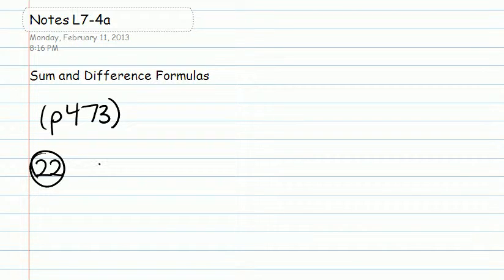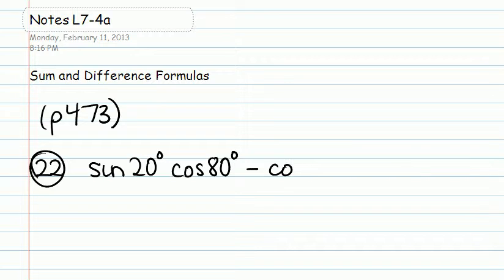Sine 20 degrees, cosine 80 degrees, minus cosine 20 degrees, sine 80 degrees. So you're going to go to your reference sheet and look for one of the sum and difference identities that goes sine, cosine, minus cosine, sine.